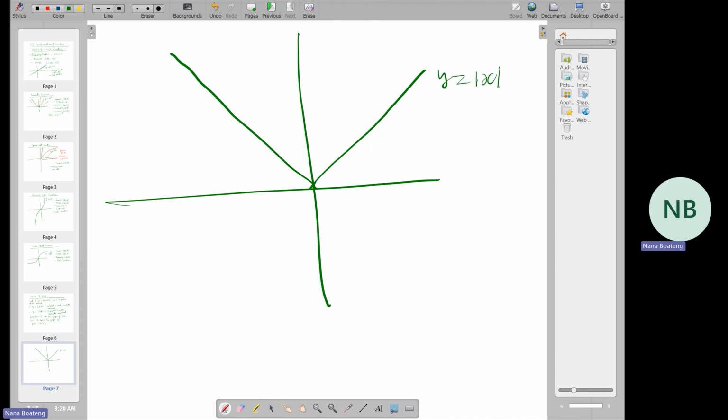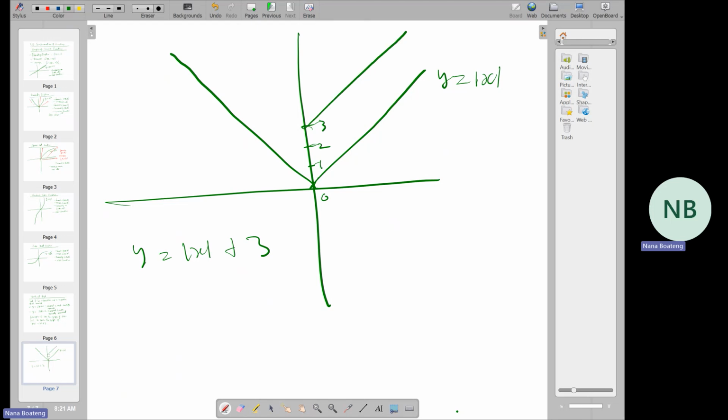And so to get a graph of y is equal to absolute value of x plus 3, we have to shift the graph 3 units upward. It's a vertical shift of 3 units upward. So suppose this is 1, this is 2, and this is 3. So now we'll have the same graph that is shifted 3 units upward.